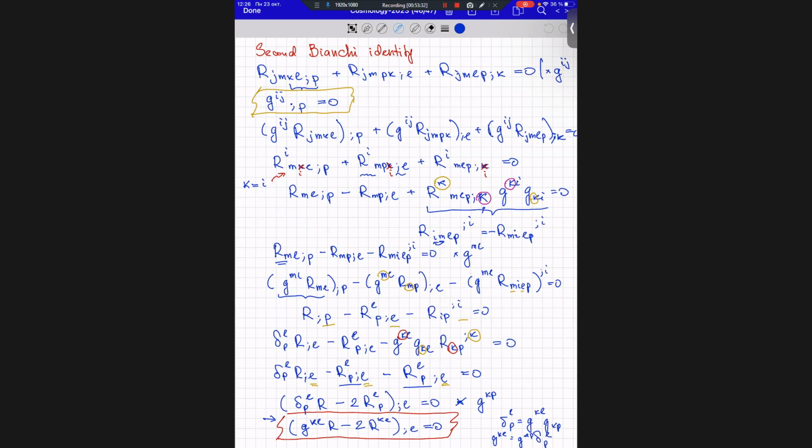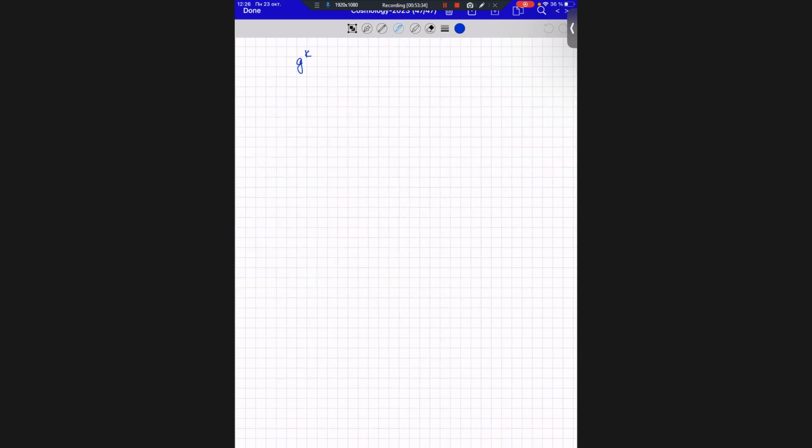The tensor which we obtain, we really obtain a tensor, because all the multipliers and summands which we have are tensors, and as a result we also have a tensor: minus 2 R K L covariant L equals 0.